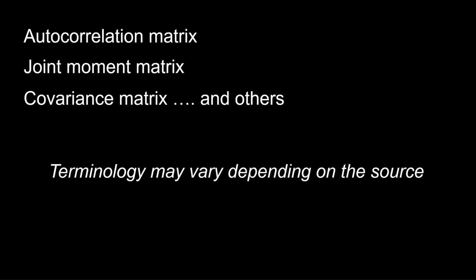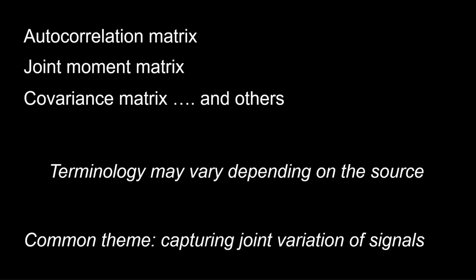This lesson is not meant to be the authoritative source of definitions. Instead, it's intended to allow you to understand how to interpret the definitions of others, whether it be the same as what's presented here or different. Regardless of what things are called, each matrix here is bound by a common theme: how to quantify signals' variation with respect to each other.